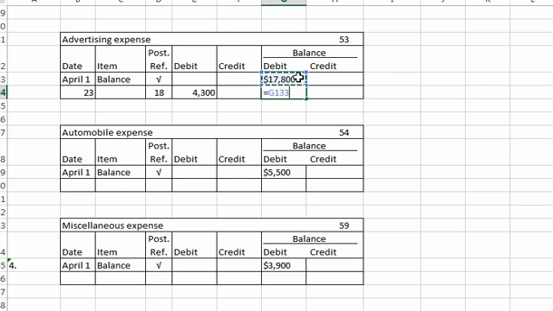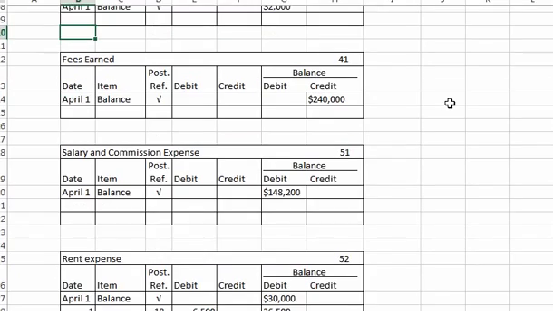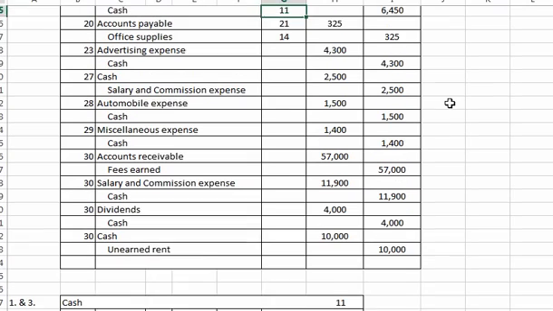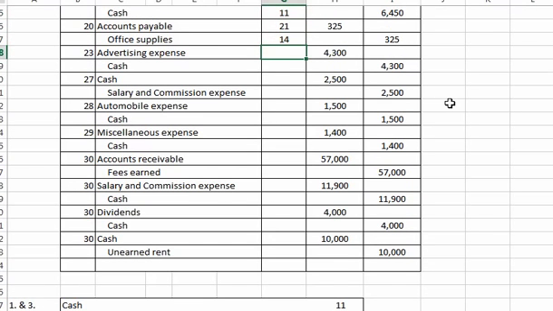So our $17,800 plus the $4,300 leaves us with an ending debit balance of $22,100. Advertising expense is account number 53. Come back up and alongside advertising expense in the journal we'll put in 53, the account number from the ledger.